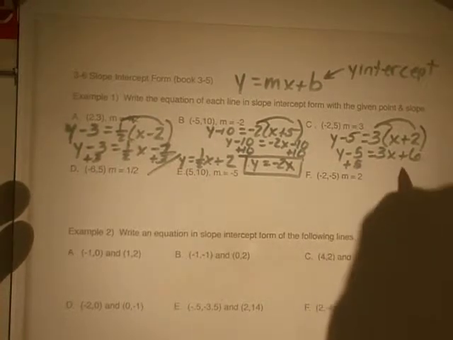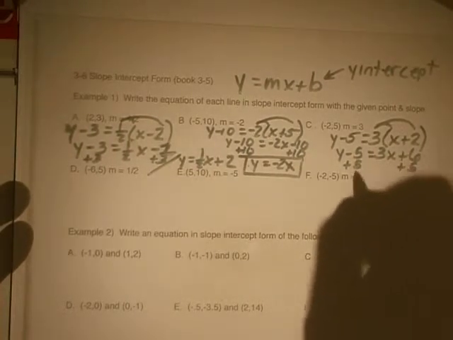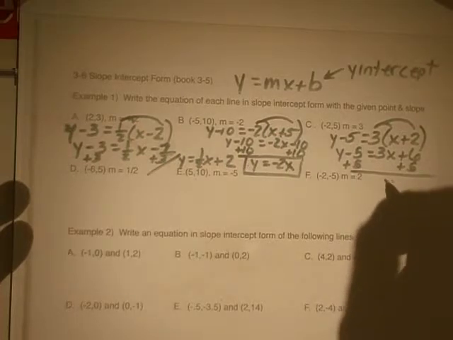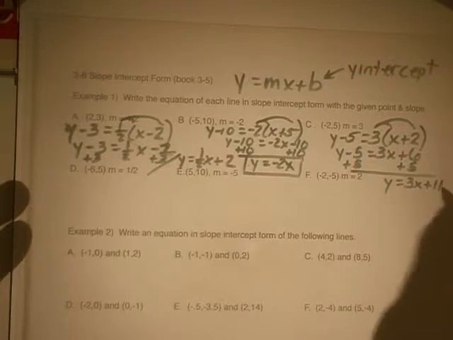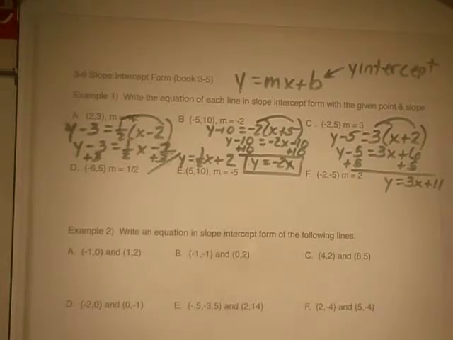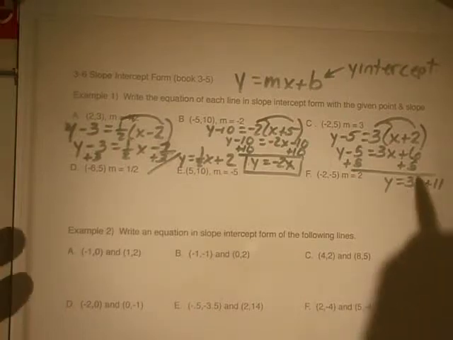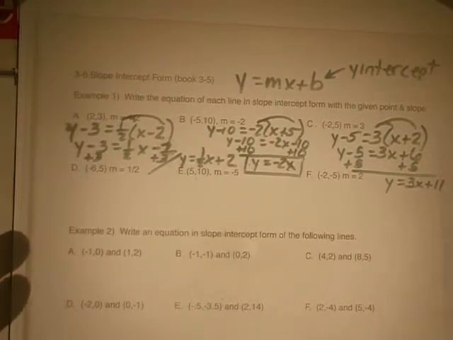And when you add 5 to both sides, you end up with y equals 3x plus 11. So you start with point slope form, and when you solve for y, this is called slope intercept form, because this is your slope and this is your y-intercept.